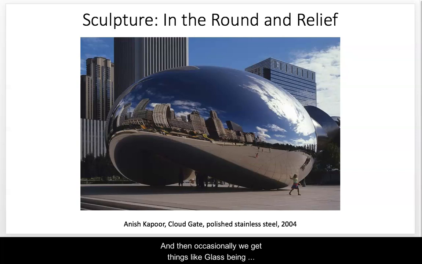And then occasionally we get things like glass being involved in it, but not as a whole sculpture. But in modern and contemporary art, it gets into all different types of things, of plastics, TV monitors, animal carcasses, a crazy number of materials, pollen, wax, so a lot of different things get involved in this.